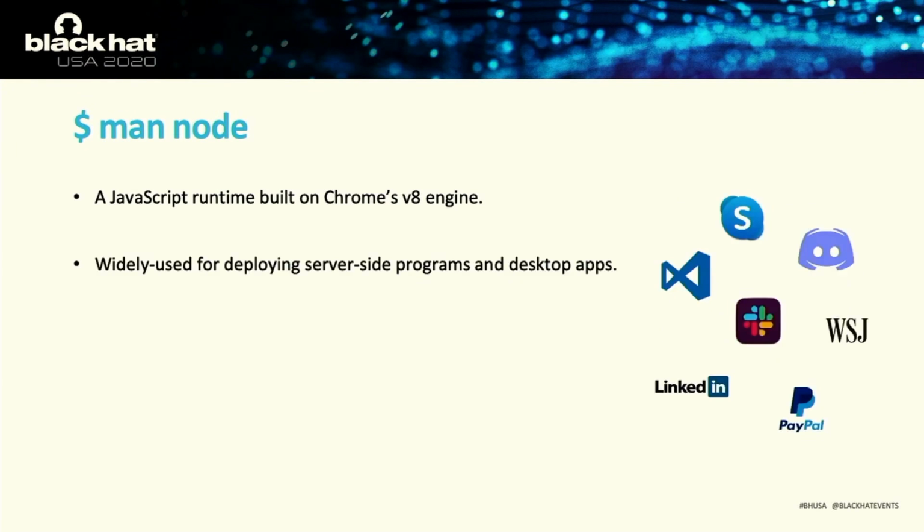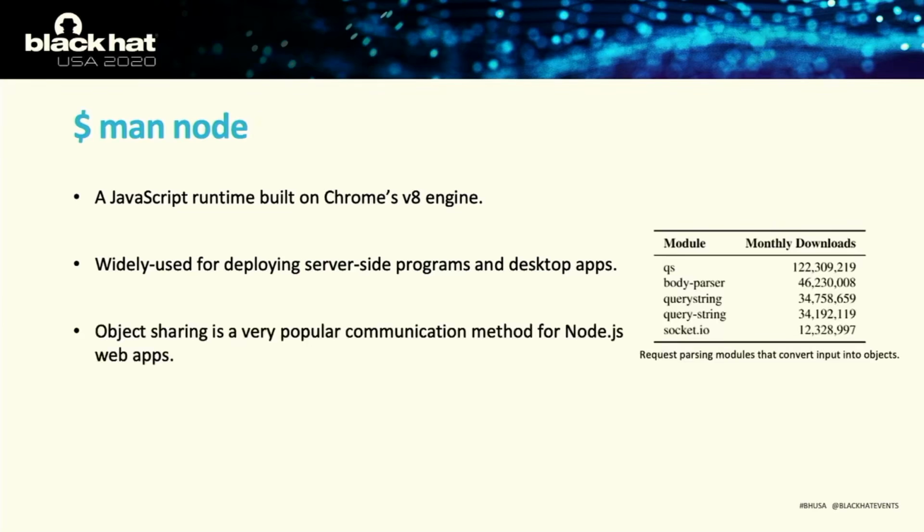Nowadays, many websites are deployed in Node.js. For example, Node.js is used intensively in companies like LinkedIn and PayPal. And we are also using a lot of Electron apps, which are also powered by Node.js runtimes. Web-based applications are the most common type of Node.js programs.